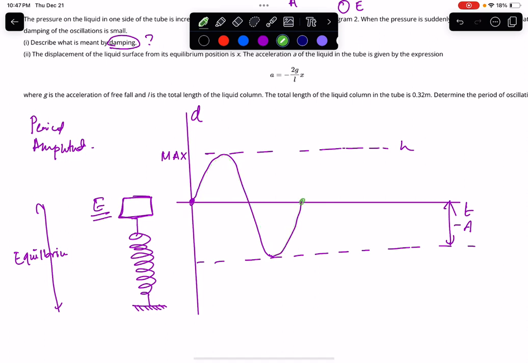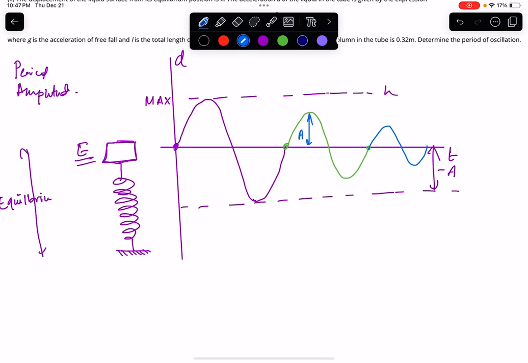And after this, in the second period, because the mass spring system loses energy, the amplitude becomes smaller, and then it starts becoming smaller and smaller.